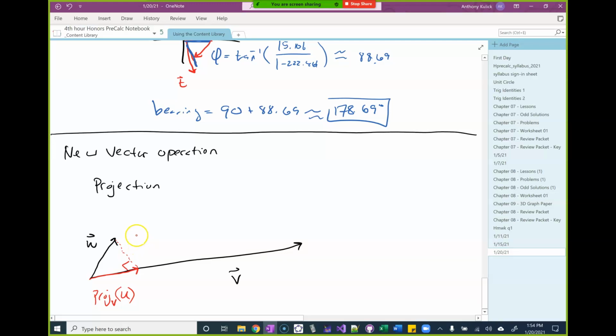And we can call this vector over here, I did a poor job of drawing that, this vector w. And what is special about the relationship between u, w, and the projection of u onto v?